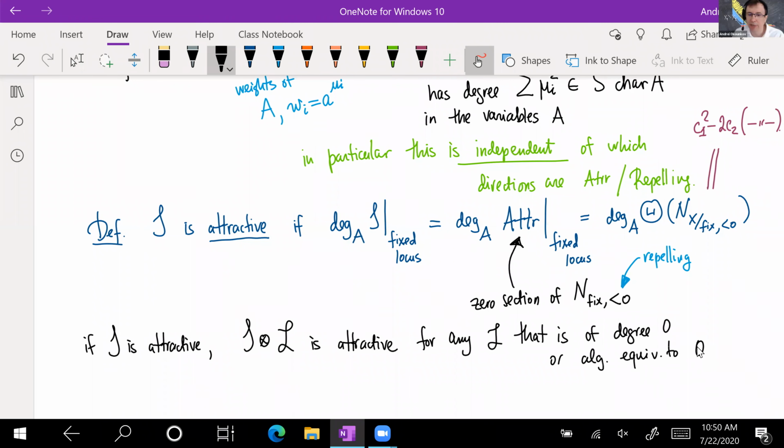That's obvious. And in fact, the set of attractive bundles is like a torus or principal homogeneous space over things which have degree 0. Degrees of bundles add upon tensor product.